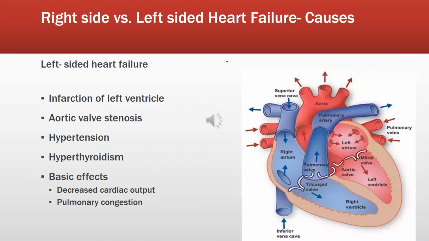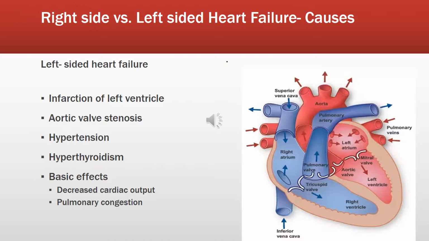Signs and symptoms of left-sided heart failure include decreased cardiac output. Signs and symptoms from the decreased output are fatigue, weakness, dyspnea, activity intolerance, cold intolerance. And from the compensatory effects, we see tachycardia, pallor, secondary polycythemia, and daytime oliguria.